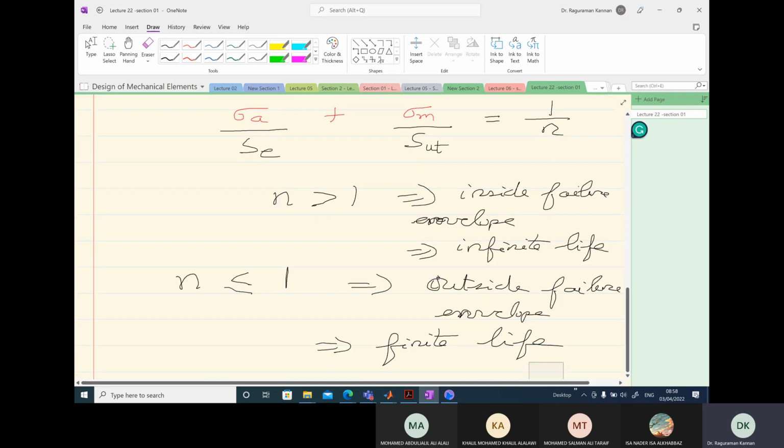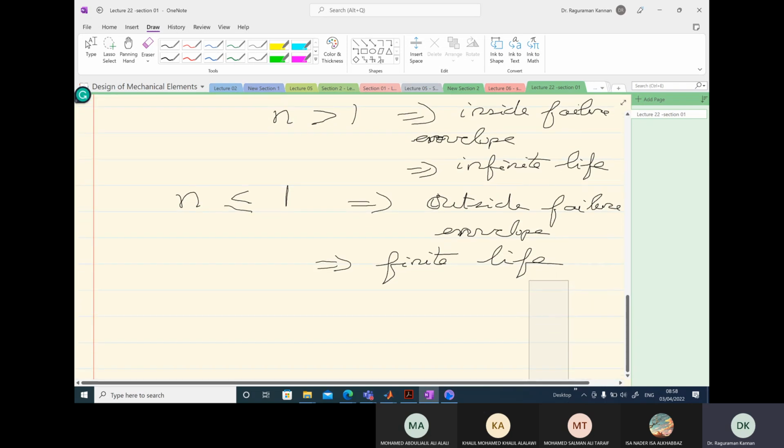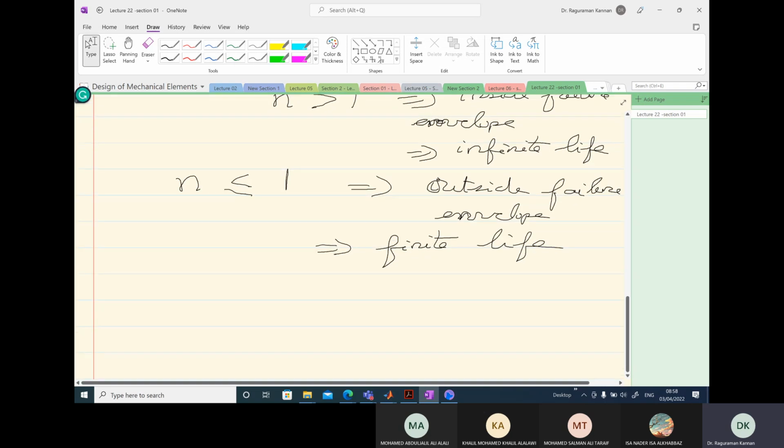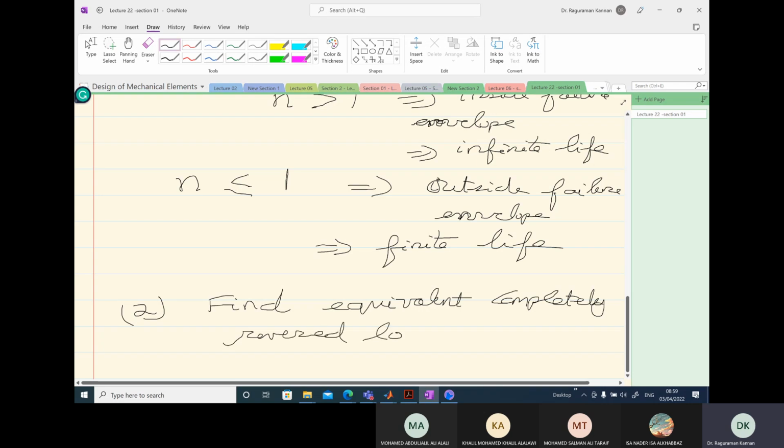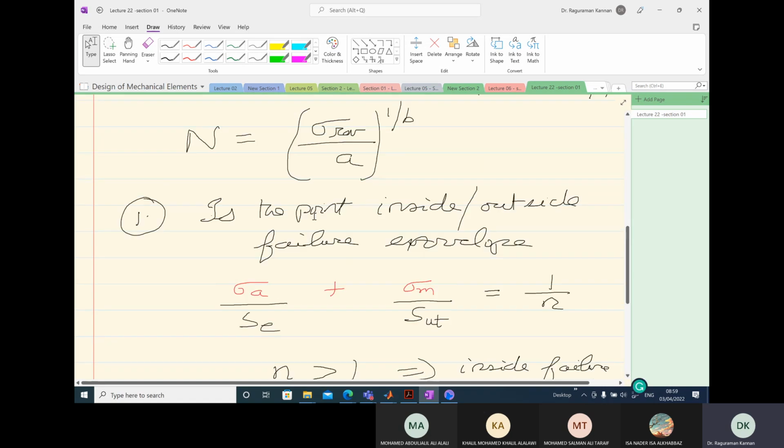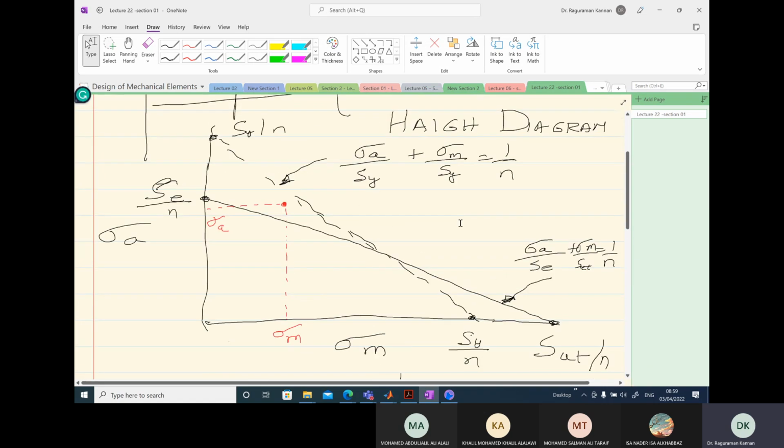What will be step 2? Step 2 is simply to find the equivalent completely reversed load. How do I find the equivalent completely reversed load?